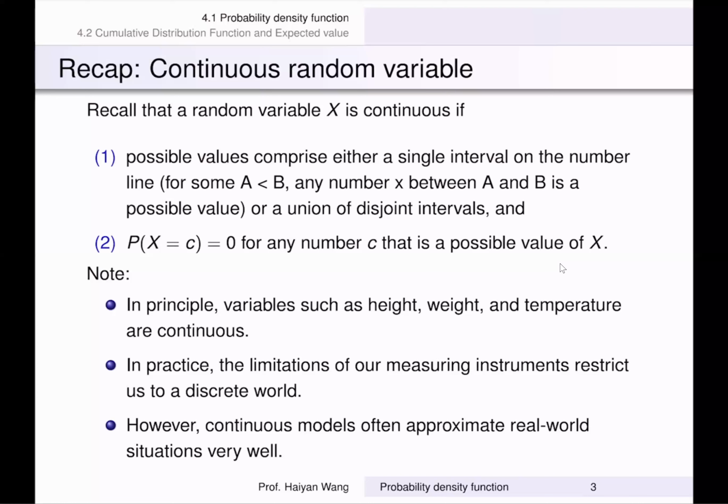This is the principle. In fact, in real life, we do not have measurement skills as fine as possible. For example, in terms of time, we mostly are able to get measurement accurate up to the second because we do not have a smaller unit in everyday life when you work on the homework.